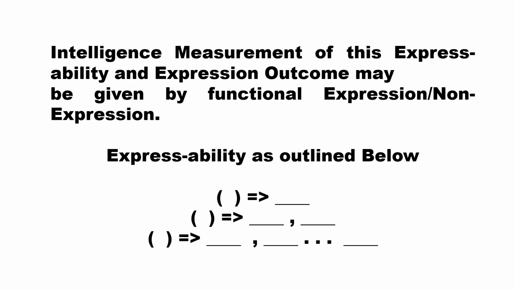And here we have outlined below singular objects giving multiple single and paired objects. This is a part of expressibility measurement for intelligence. In the following slides, I'll give more information.